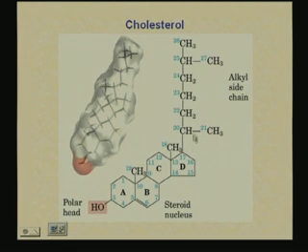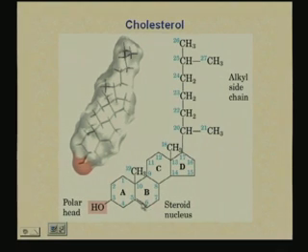The changes are in the alkyl side chain. So, any bile salt or any other sterol that we will see will have a difference in the alkyl side chain, but this steroid nucleus remains intact. The numbering starts from ring A with 1, 2, 3, where the OH is attached to 3, then 4, 5, and then it goes to ring B. There is a double bond between 5 and 6.